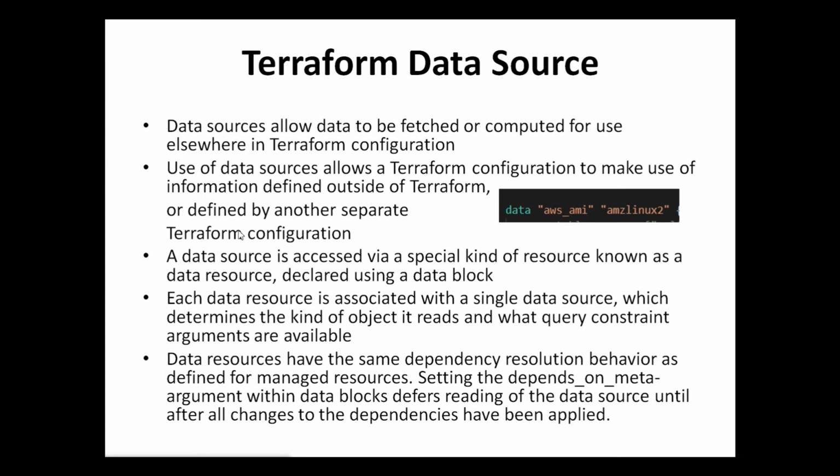So outside of Terraform, somewhere the information is there which you want to bring using a data source resource. With data sources, you will also be able to get information about other Terraform configuration. A data source is accessed via a special kind of resource known as a data source, declared using a data block.